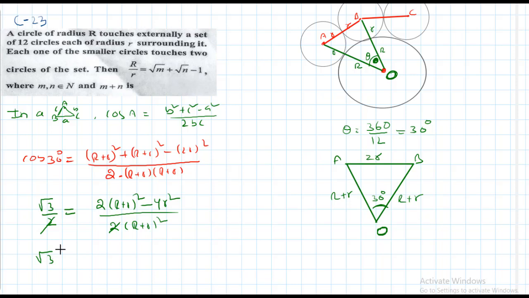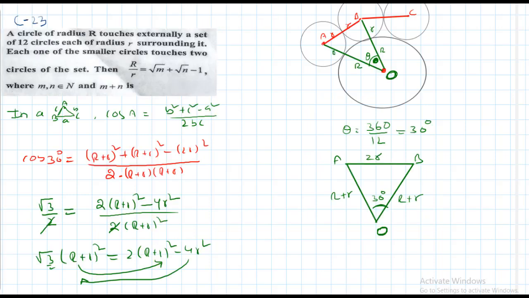So root 3 times (capital R plus small r) whole square equals 2 times (capital R plus small r) whole square minus 4r square. Root 3 is about 1.7, less than 2. Now I want to transfer this term to this side. So what happened? 4r square equals (2 minus root 3) times (capital R plus small r) whole square.